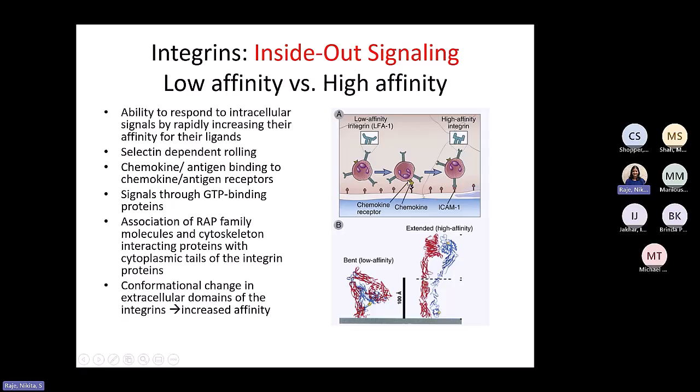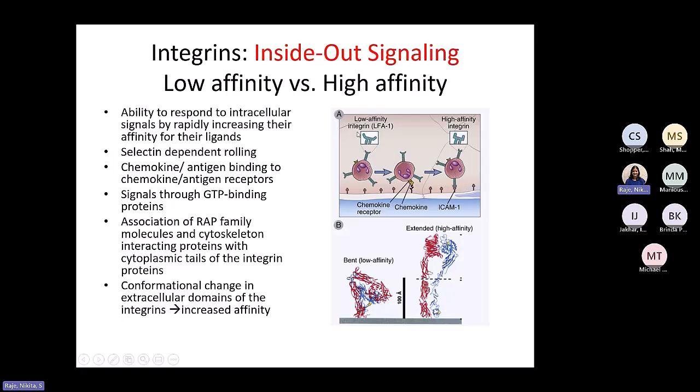But if a chemokine binds to the chemokine receptor on the surface of the cell, that interaction causes a conformational change inside the cell, so that there is a change in the cytoplasmic tail of the integrin, which causes the extracellular head of the integrin to bind with higher affinity.